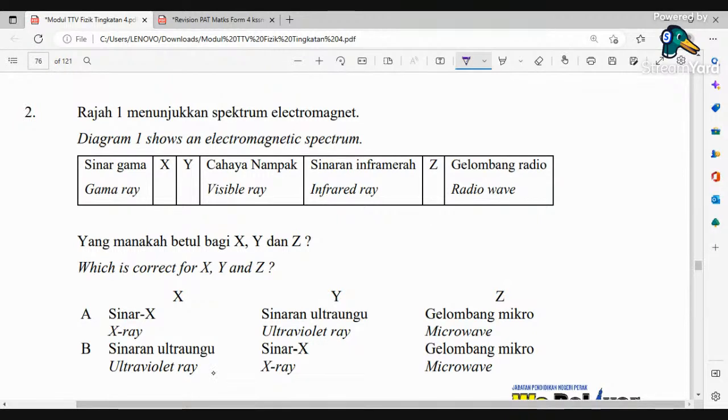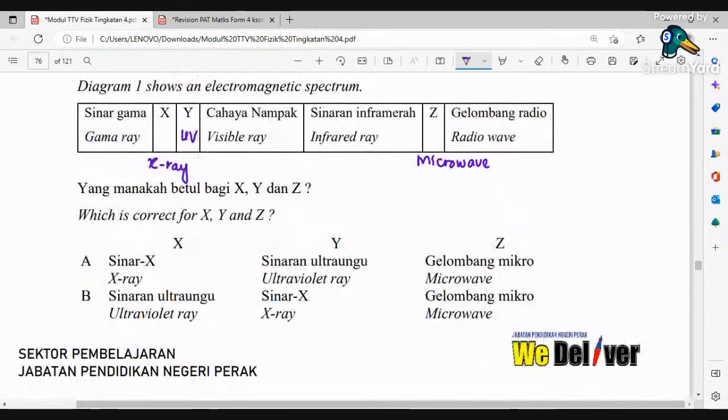Gamma ray followed by X-ray, and then ultraviolet, visible light, infrared, microwave, then radio wave. So the correct arrangement, X must be X-ray, ultraviolet, and microwave. Yes, we get the answer is A.